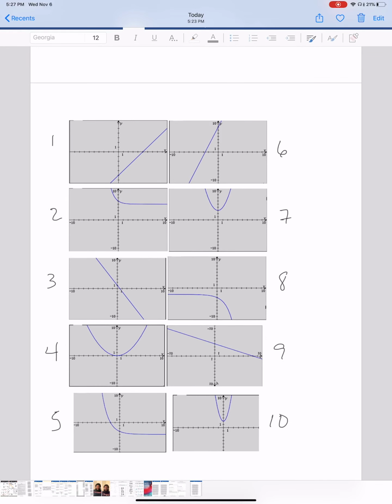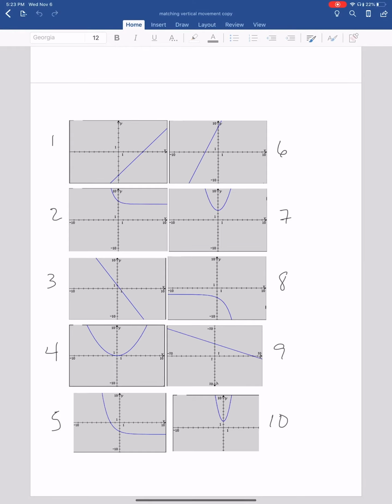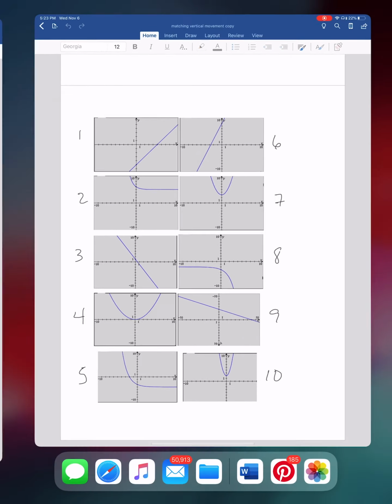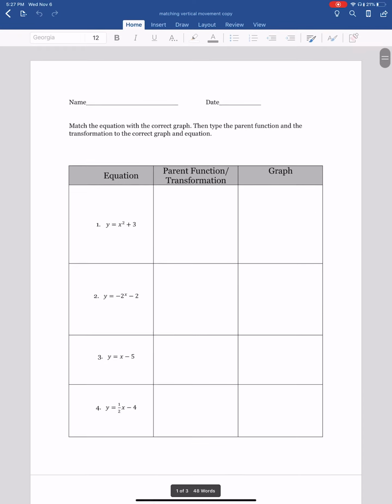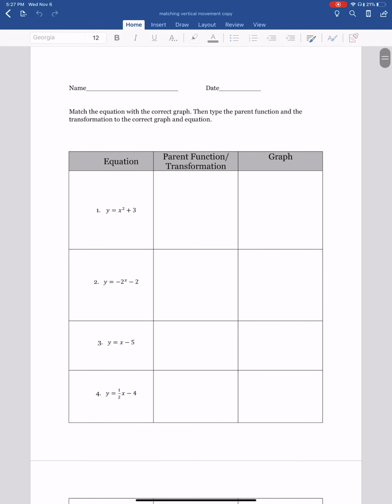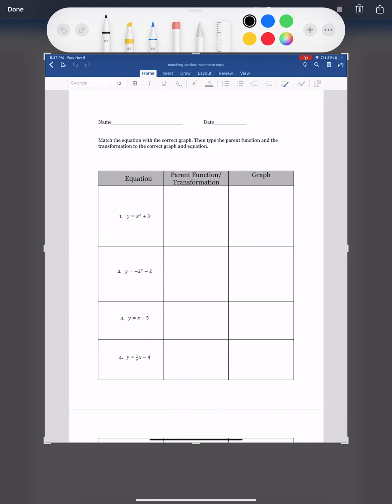If I look, it's out of 7 and 10. So remember, we're looking for the one where it's crossing the y-axis at 3. That looks like it's at 7. That's number 7. So in the graph box, we would put the number 7, like so.